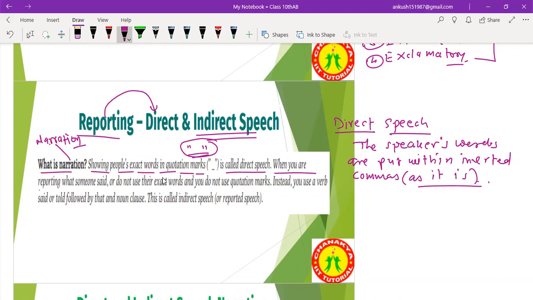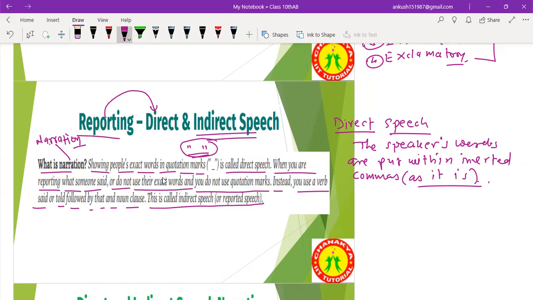When you are reporting what someone said, you do not use their exact words and you do not use quotation marks. Instead you use a verb said or told followed by that and a noun clause. This is called indirect speech or reported speech.